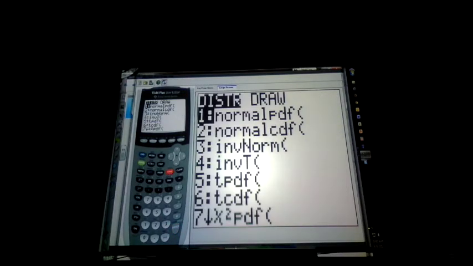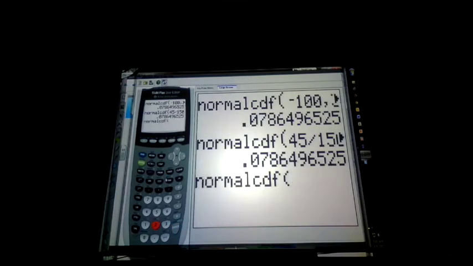Second bars, normal CDF. Is your calculator taking it in like this, or is it taking it in where you go down the columns? You go down the columns. Okay, let me come to you.